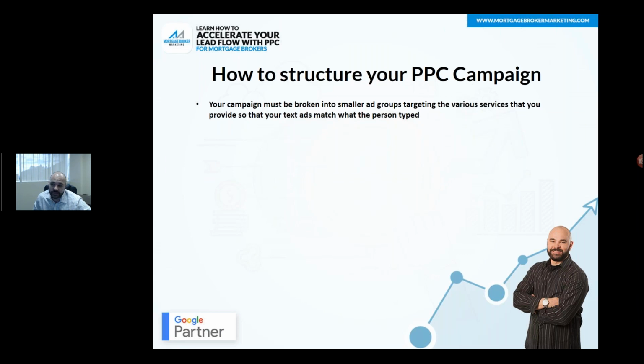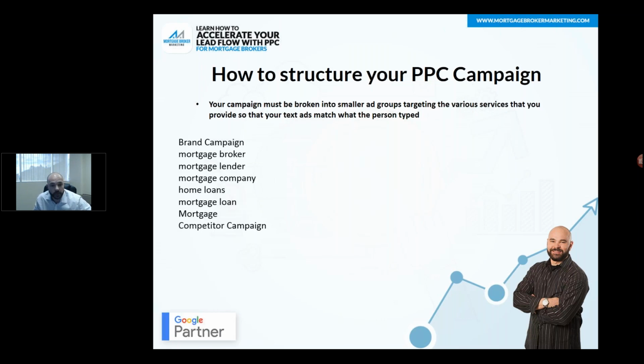Again, how to structure your PPC campaign. Your campaign should be broken into smaller, bite-sized ad groups, matched up with text ads that are matched up with what people typed in. What that would actually look like: we would have a number of campaigns. The brand campaign, what I wrote here, is just bidding on your company name.